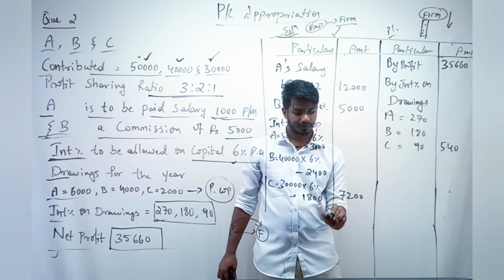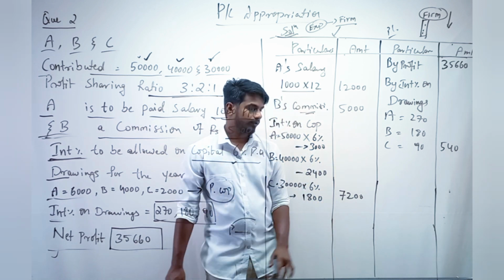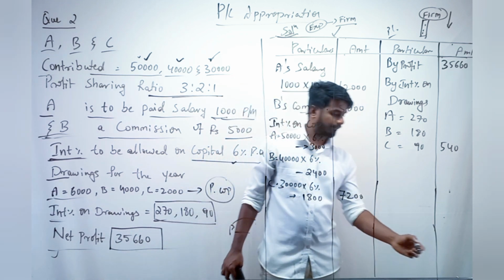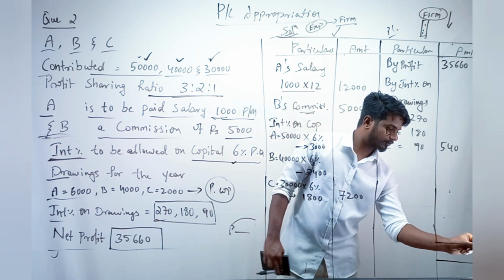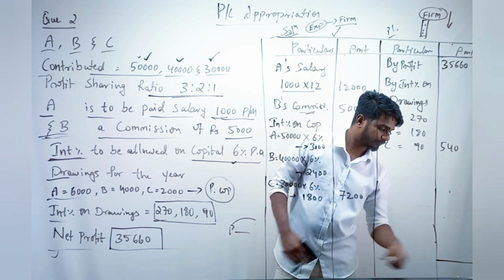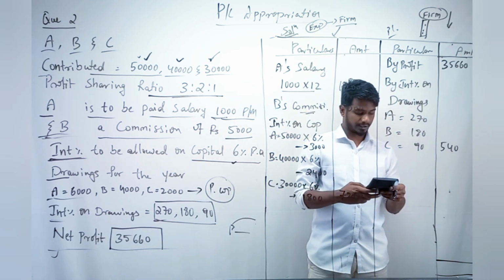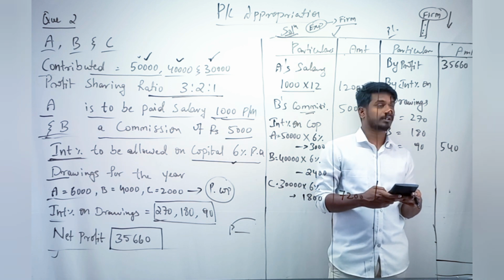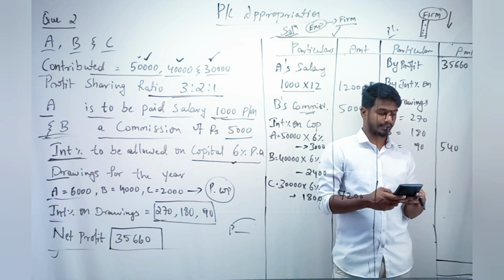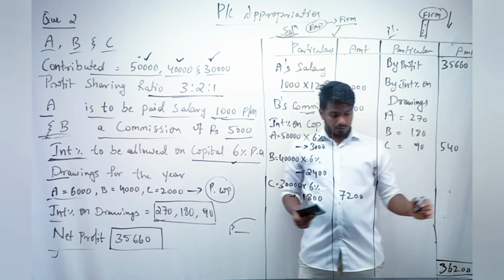Still one more step is there. Let us complete that too. Total the credit side: 35,660 plus 540 is 36,200, the total of the credit, that is the income side.